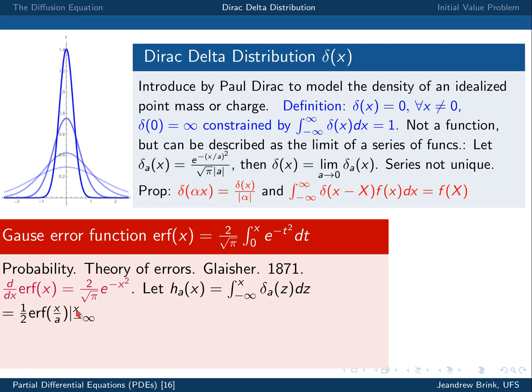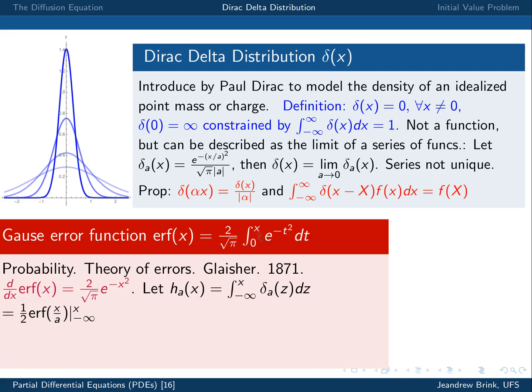Now the error function evaluated at minus infinity is simply, because e to the minus t squared is symmetrical about 0, equal to minus the same thing evaluated at infinity. But you're subtracting it, so it is minus minus this evaluated at infinity.